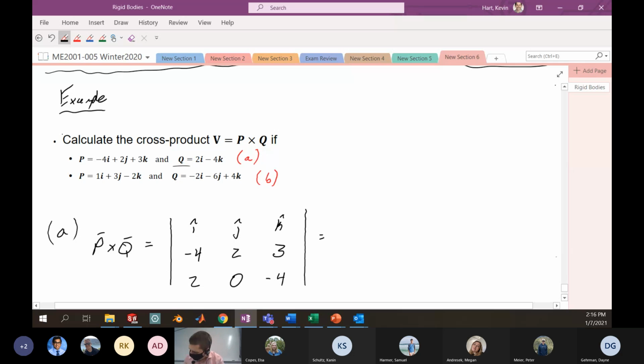All right. So I'm going to go through this and execute these diagonal multiplications to get my vector product. The first one here is 2 times negative 4 in the i hat.